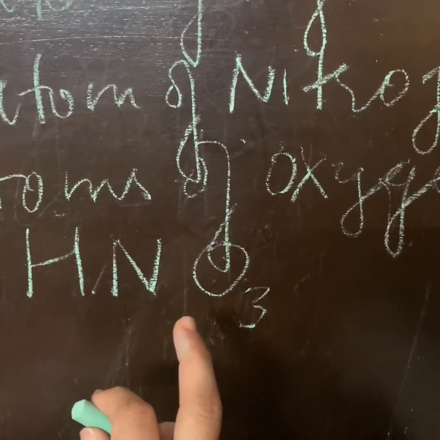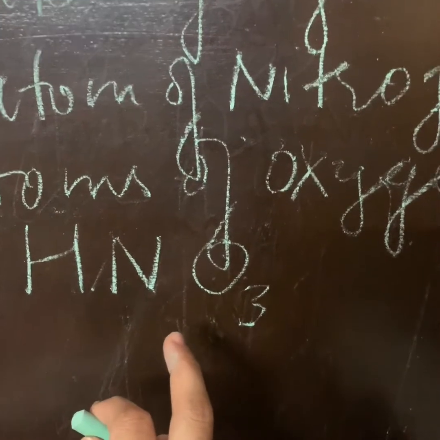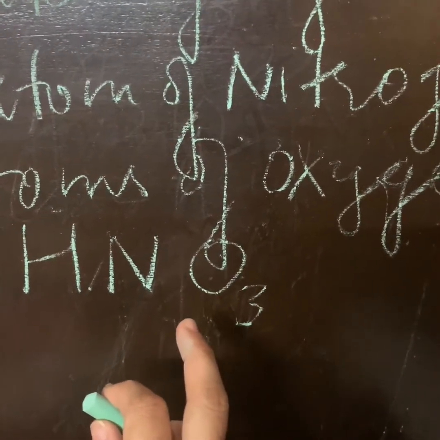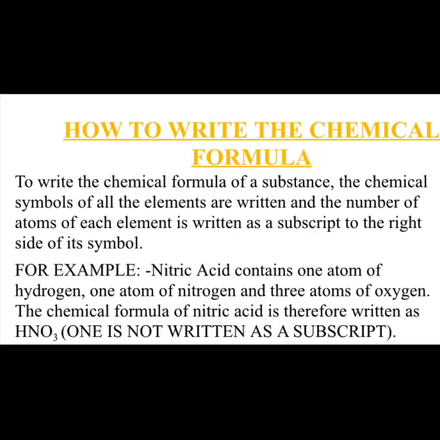The chemical formula of nitric acid is therefore written as HNO3. One is not written as a subscript.